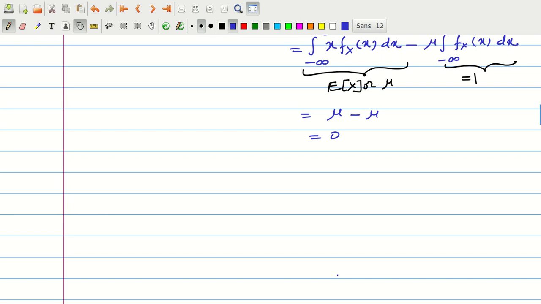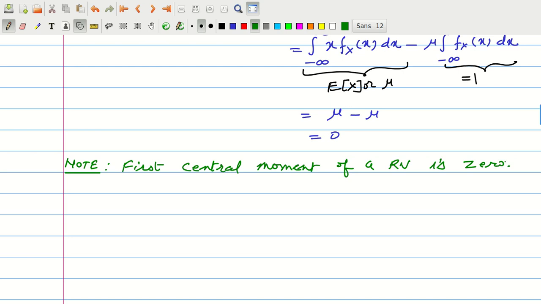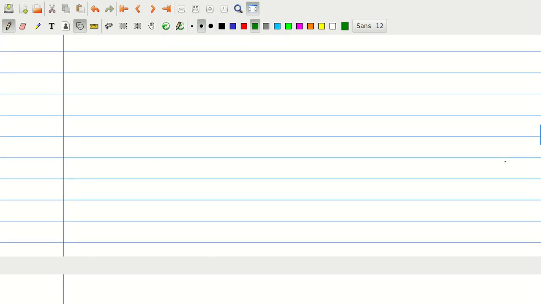So we have an important observation here, that the first central moment of a random variable is always 0. So that's an important observation.